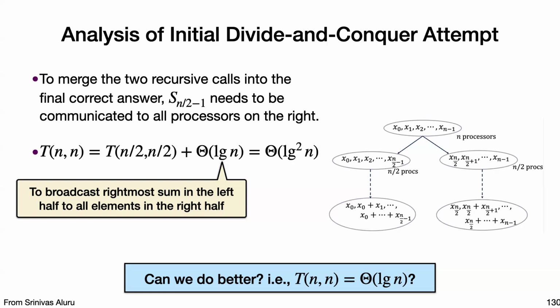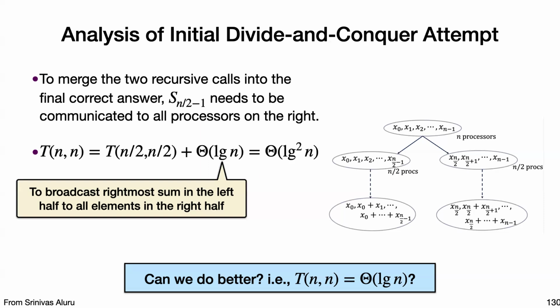Yeah, sure. Good point. So broadcast is where you want to get this element into each processor on the right half, and there are n over 2 processors on the right half. The most naive algorithm for broadcast is that this processor sends it one to its right, and then one more, so it would take time n because it would have to send it one at a time to all the different processors.